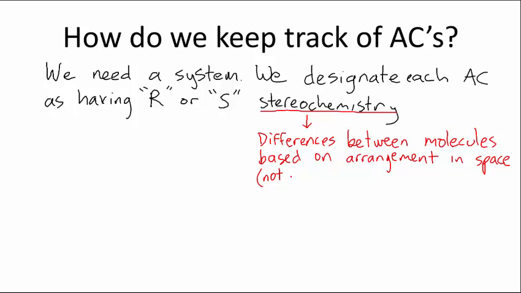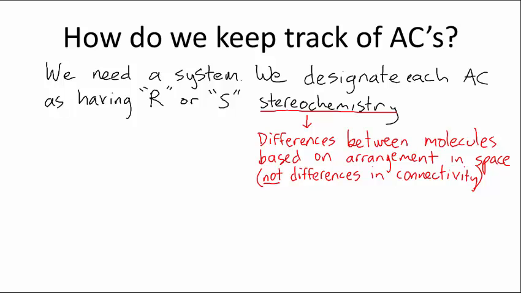Not differences in connectivity. And so we have this system, just like for double bonds, we could say it was E versus Z. For asymmetric carbons, we call them R or S.